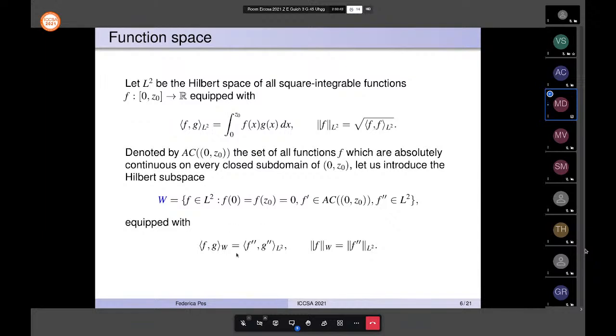In this space, the inner product is defined in this way: the inner product between the second derivatives in the space L2. And the induced norm is also defined by the norm of the second derivative.